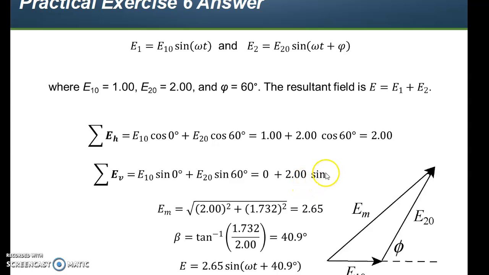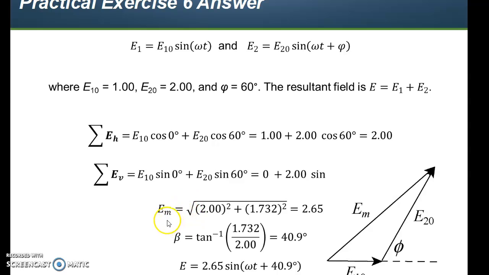So the total of this one right here is 1.732. That's what this is going to equal when you have the sine value, 0.86 times 2.